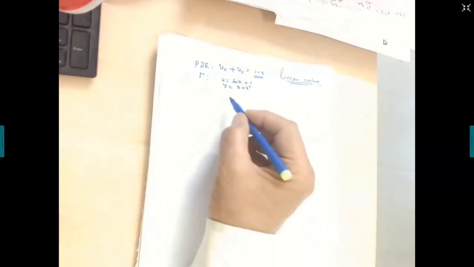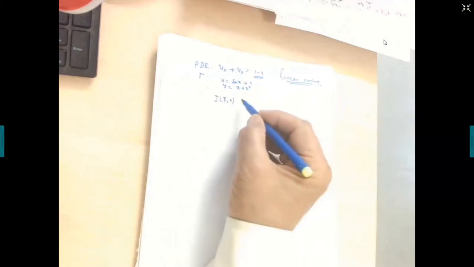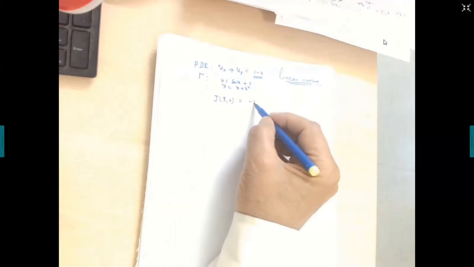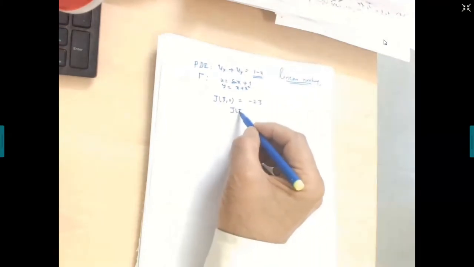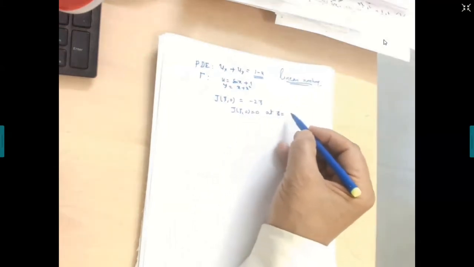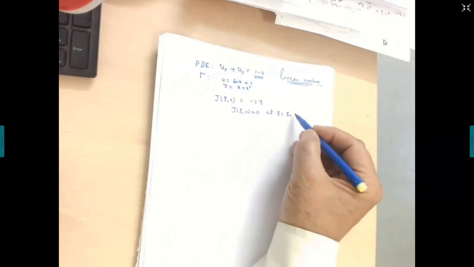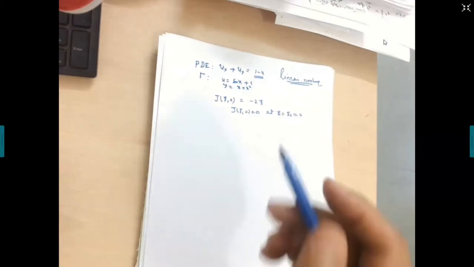J, of course, remains the same as we determined earlier, because u does not come into the picture. It is very clear that J of xi naught is 0 at xi equal to xi naught equal to 0. So xi naught is the only point where the Jacobian of the transformation vanishes.